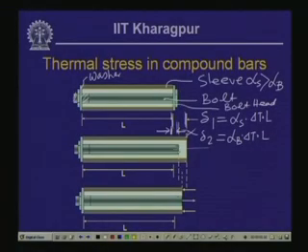Thereby the central bolt will have a tensile pull and the outer sleeve will have a compressive force. These two forces are equal, so in effect if I impose these two forces, their combined effect is zero. This is being pulled and this is being compressed.